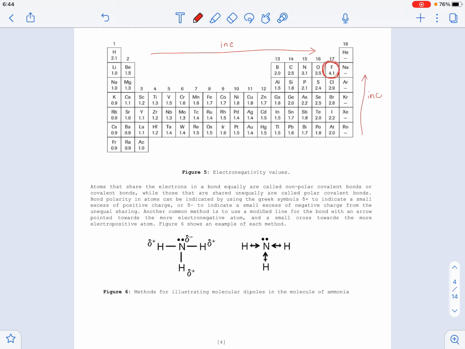So understand that the bonds that we introduced specifically at the beginning of chapter 6 are actually related to electronegativity. So this is kind of like giving a number value for the type of bonds that we have in molecules.